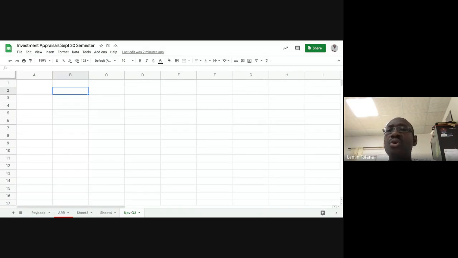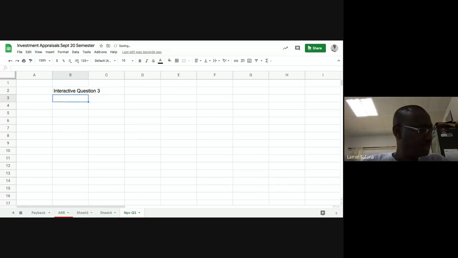So we've been given a table with your year and your cash flow, which will be these inflows and outflows here. Your discount factor you have to calculate at 16.5%. When you multiply the discount factor with the cash flow, it gives you your present value. So that's exactly what we're coming to do. So I just call it interactive question 3.